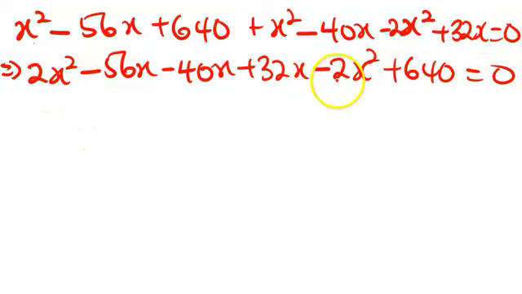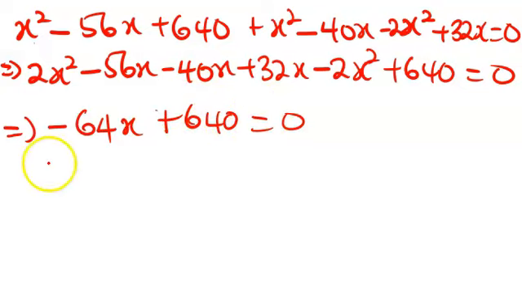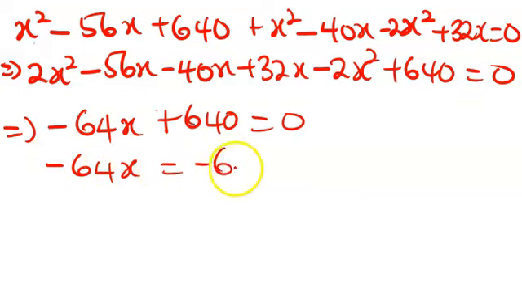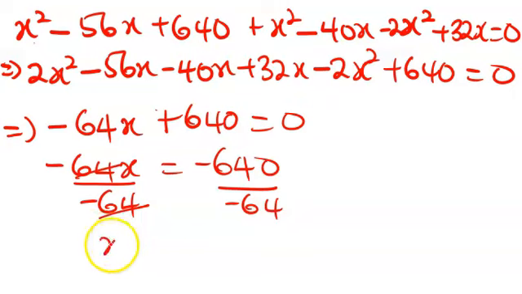So the x squared terms cancel, and then we have minus 64x plus 640 is equal to 0. So we have minus 64x is equal to minus 640. Divide both sides by minus 64. This will cancel that. So we have x to be 10.